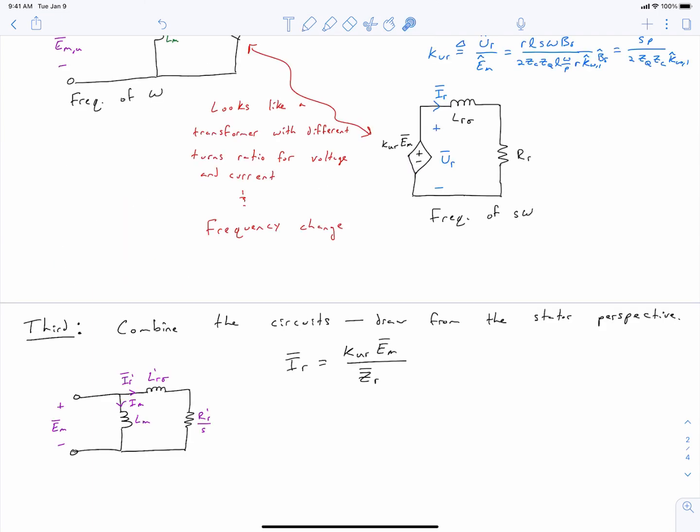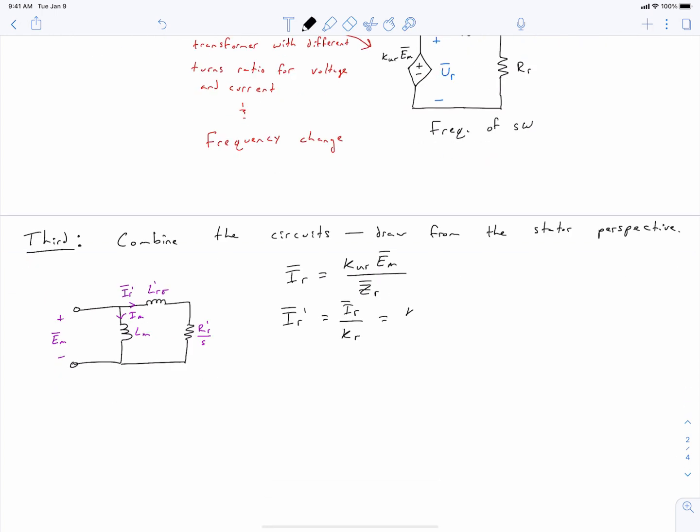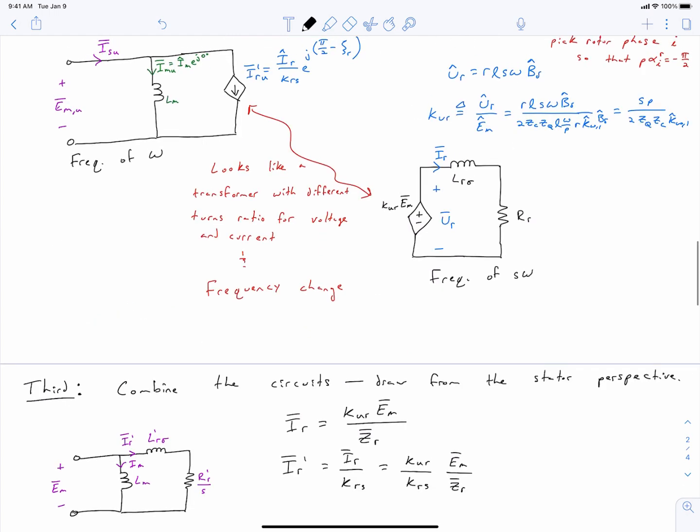We've already established that our rotor current is going to have this solution. This is the magnitude of our voltage phasor. Here is our impedance. And we know that the current in our equivalent circuit branch, this current right here, is going to have this form.